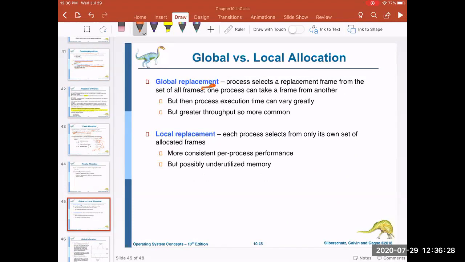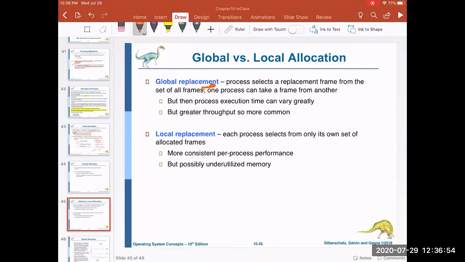Global replacement is basically, rather than just looking into replacing the pages which are allocated to one particular process. Now we have done the allocation, and there are two types of replacement that can be done, within the number of frames given to one process, or across processes.